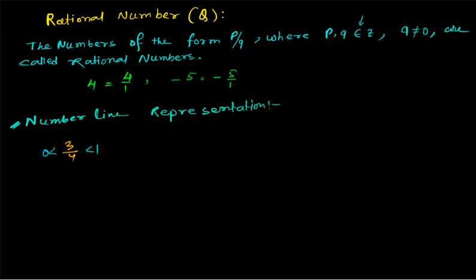So first of all we will draw a line. I'm not good at drawing a straight line using this whiteboard, so pardon me if it is not a proper straight line, but I am trying my best. So this is 0, this is the positive sector, and this is the negative sector.